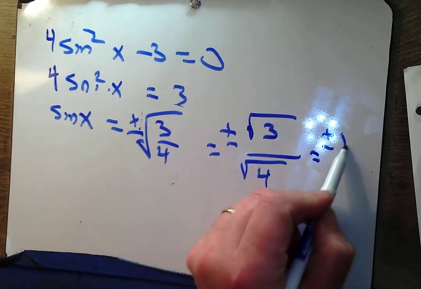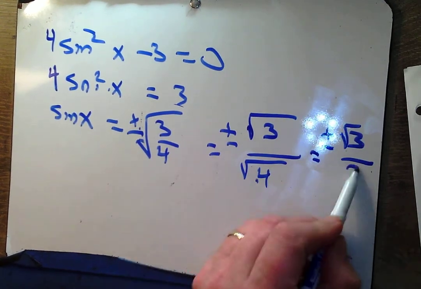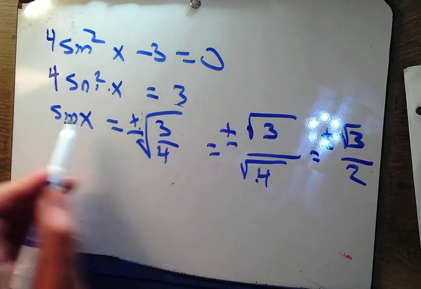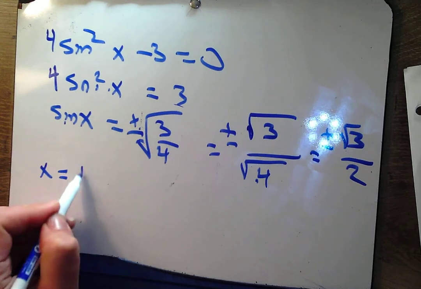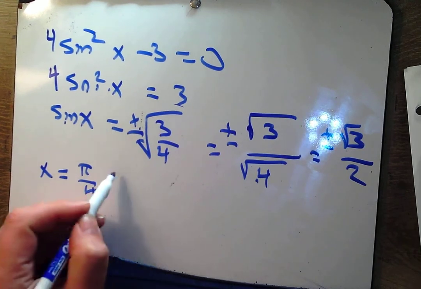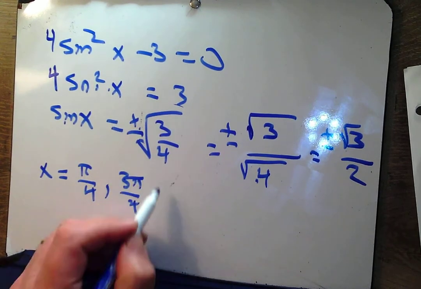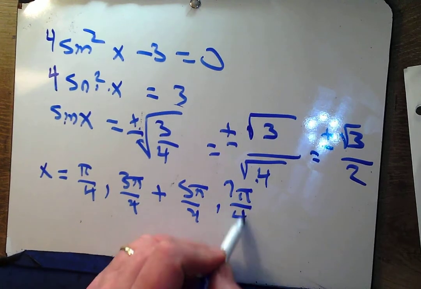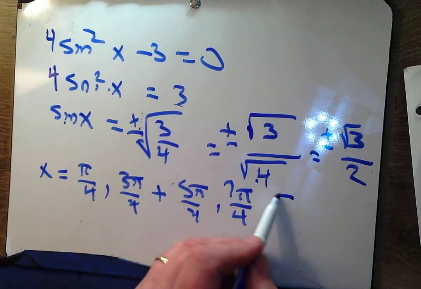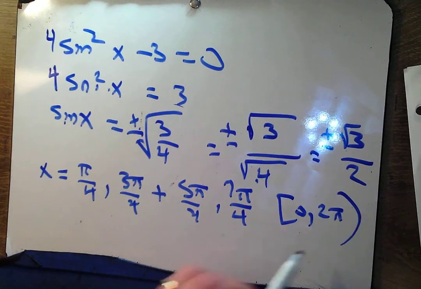So we've got plus or minus root 3 over 2. When is sine equal to plus or minus root 3 over 2? Well, we know that happens at all the pi over 4s. And this would be our solution if we were on 0 to 2 pi.